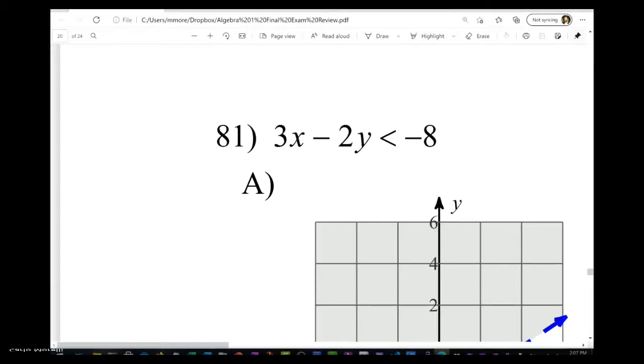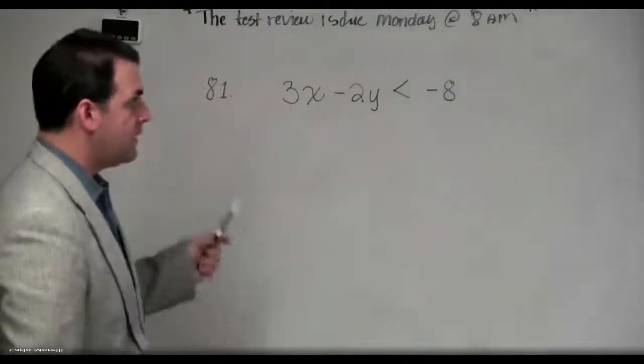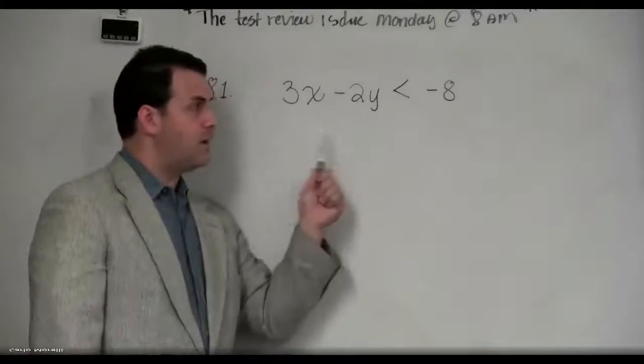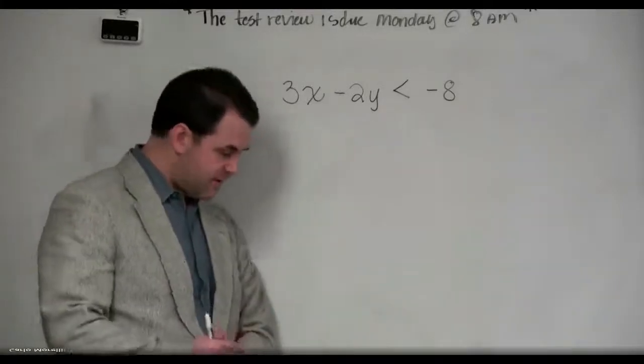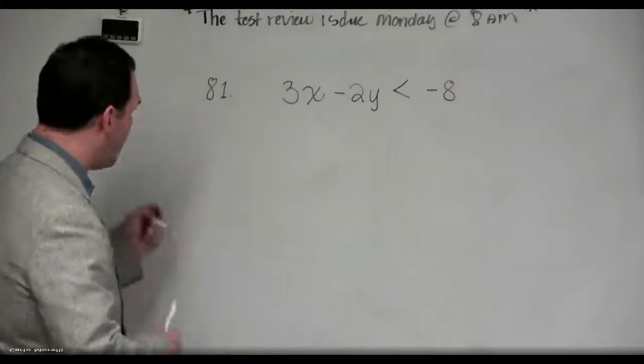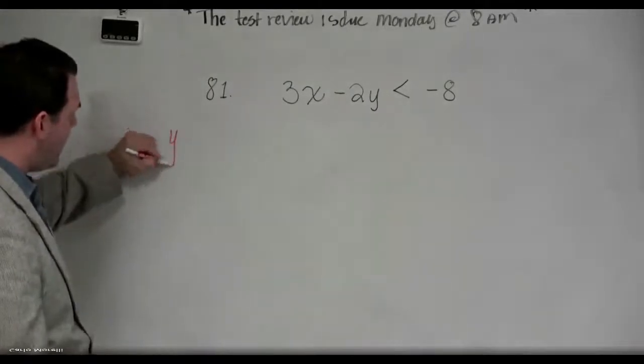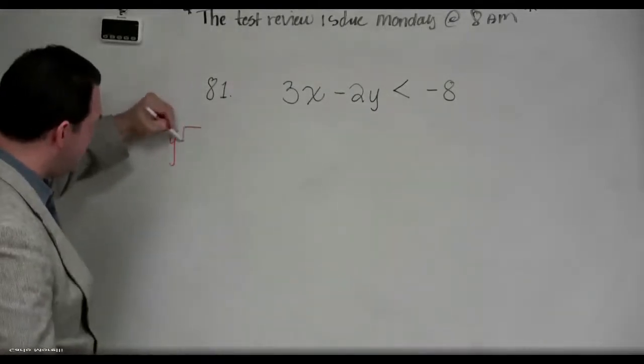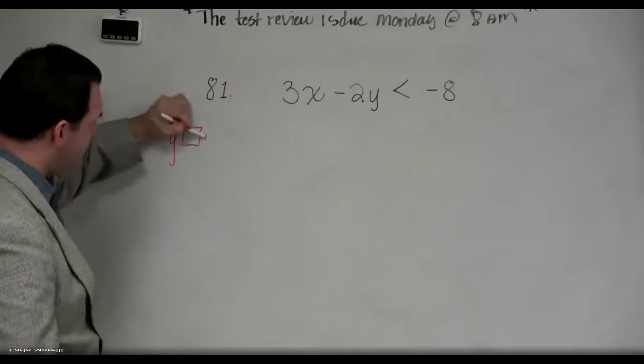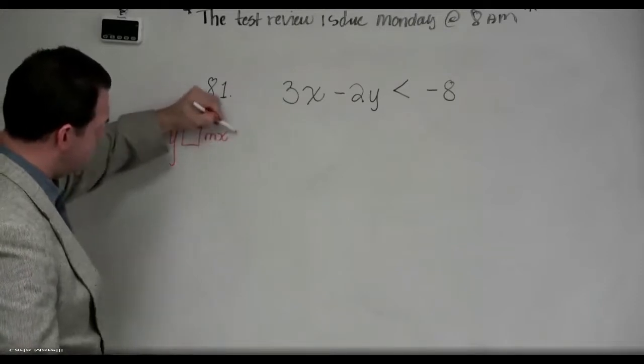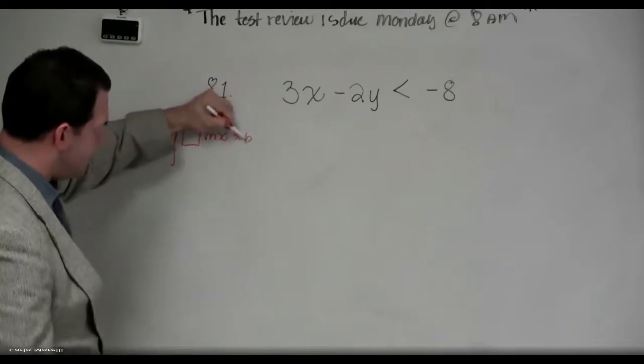Okay, now let's look up here at the board. Here are the rules. When we solve this, we're going to solve this for y, such that we have y, and then we're going to have some symbol here, and then mx plus or minus b, okay?